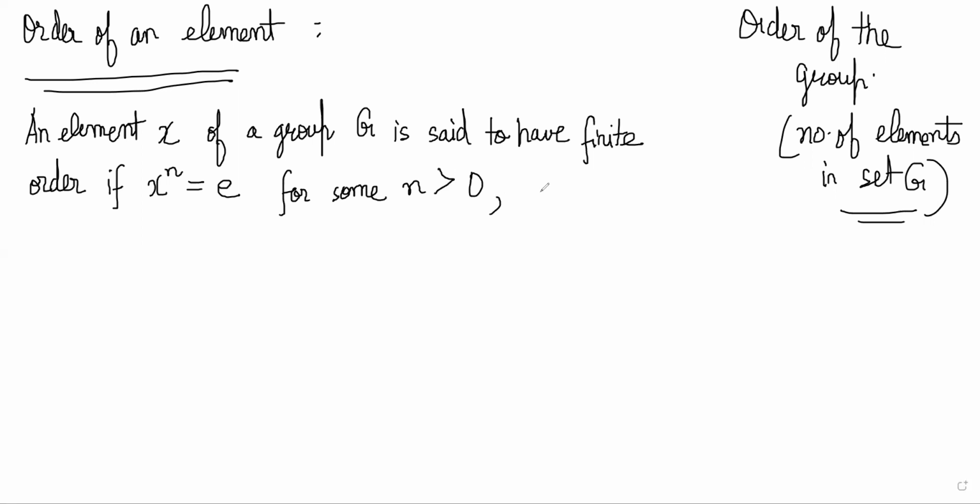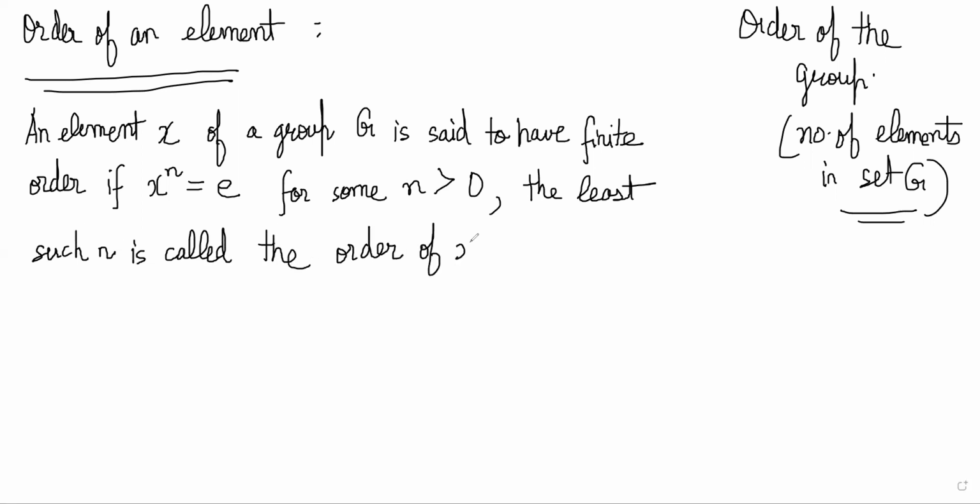The least such n is called the order of x, right? So basically, some power of x has to become e, and the least n where x power n is equal to e is called the order of the element x, right?